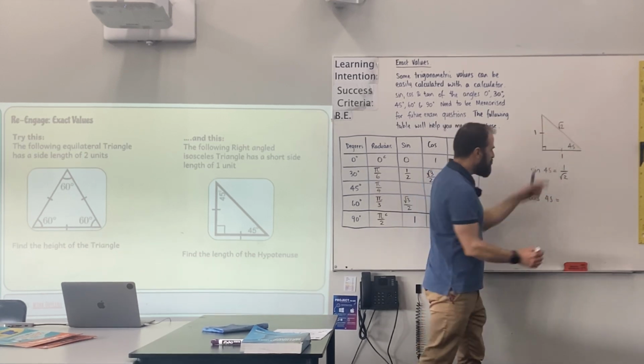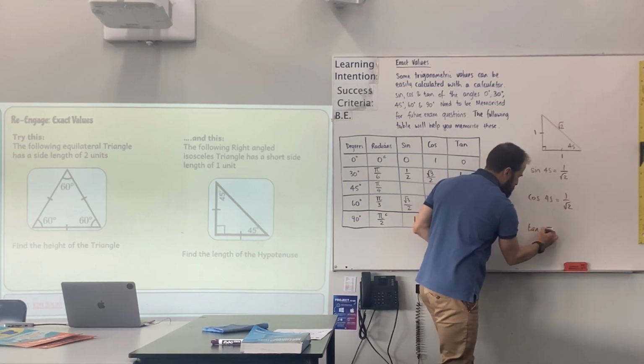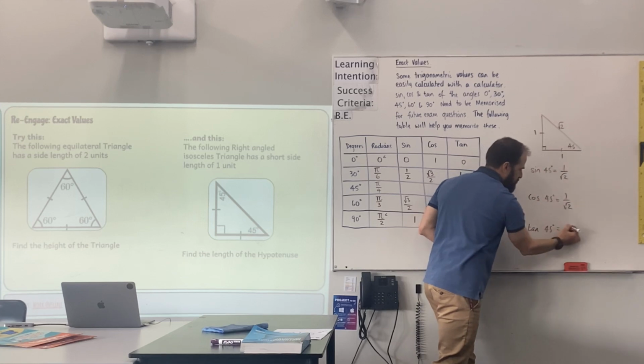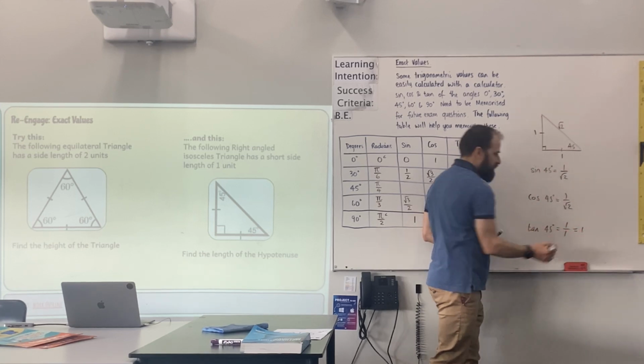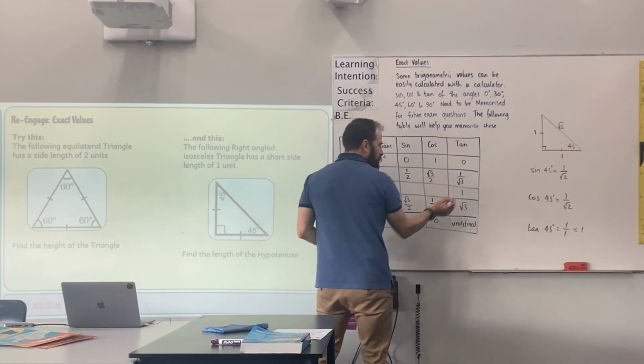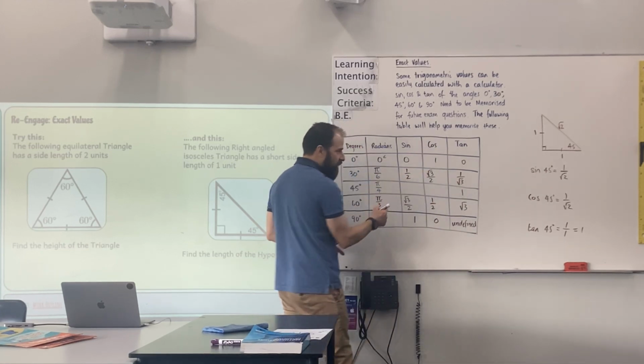Adjacent over the hypotenuse. And tan of 45 degrees equals 1 over 1, which is 1. So tan of 45, 1. Sine of 45 is 1 over root 2.